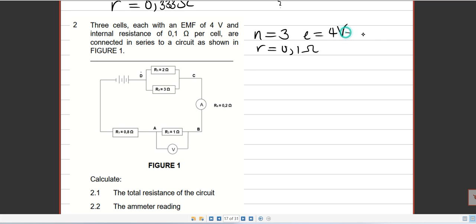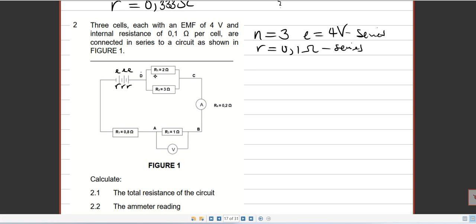So we are told this is in series. Not only that, but they still showed us here each EMF and the resistance that are connected in series in the figure shown below, or in figure 1.